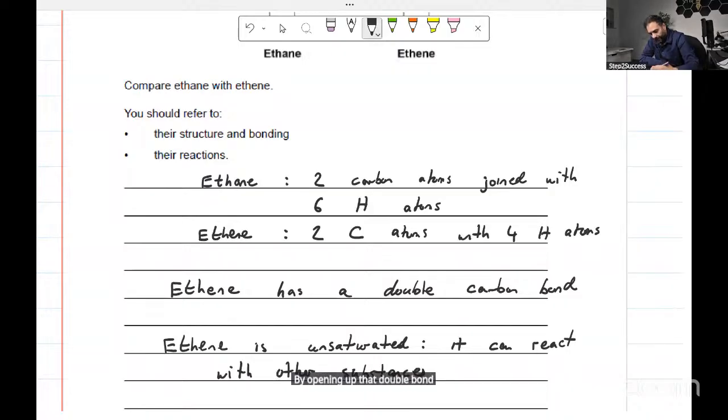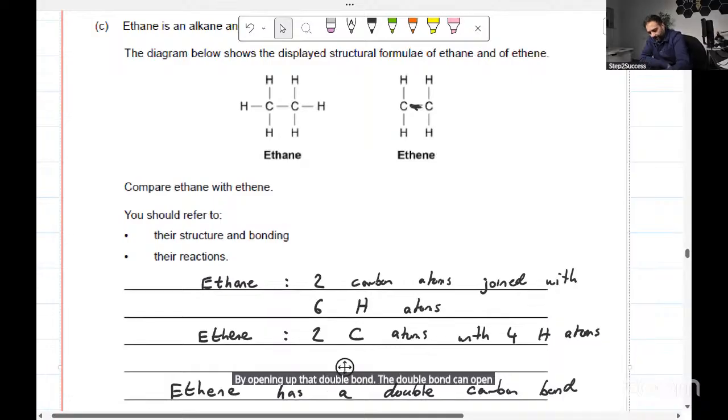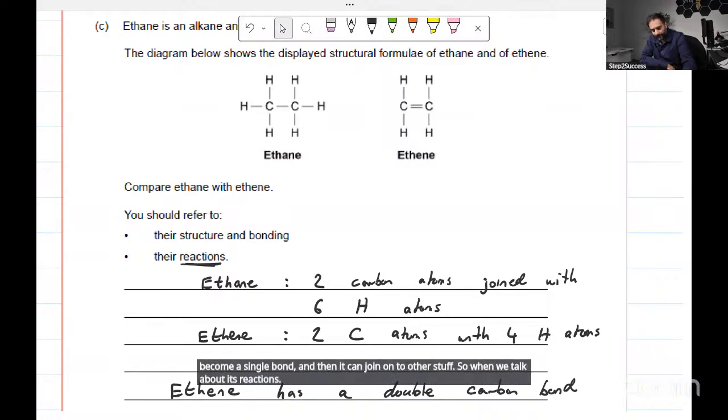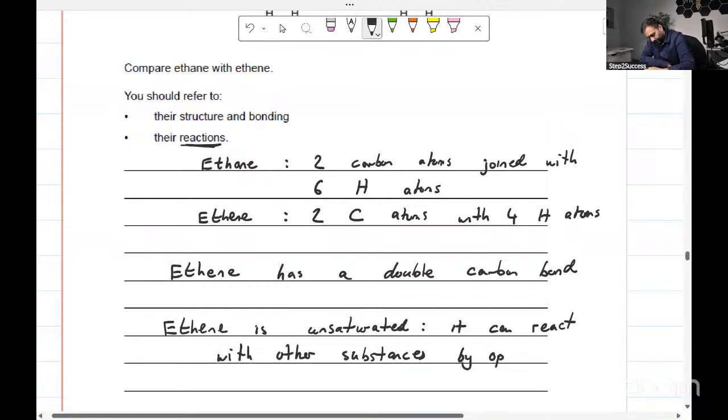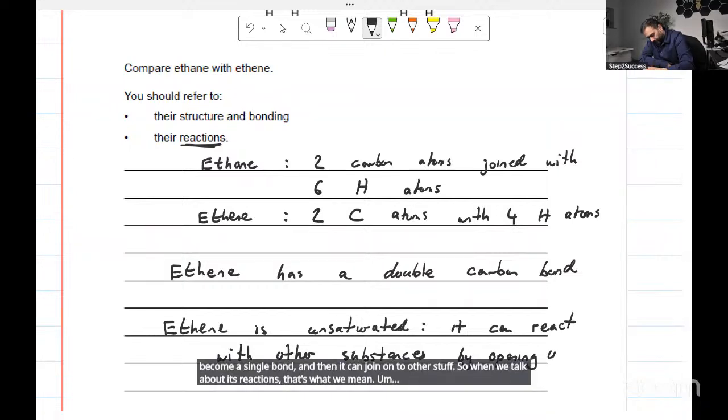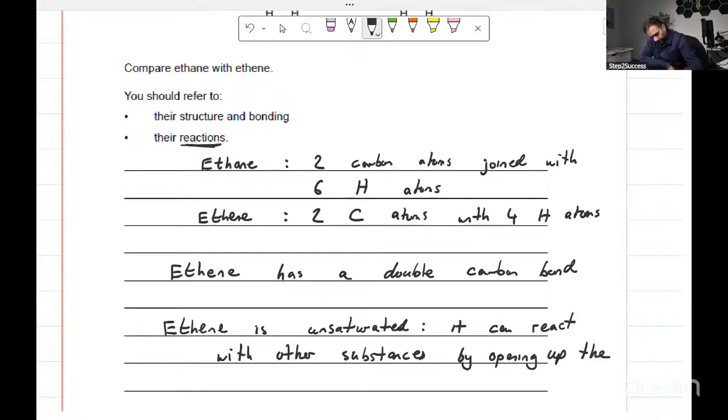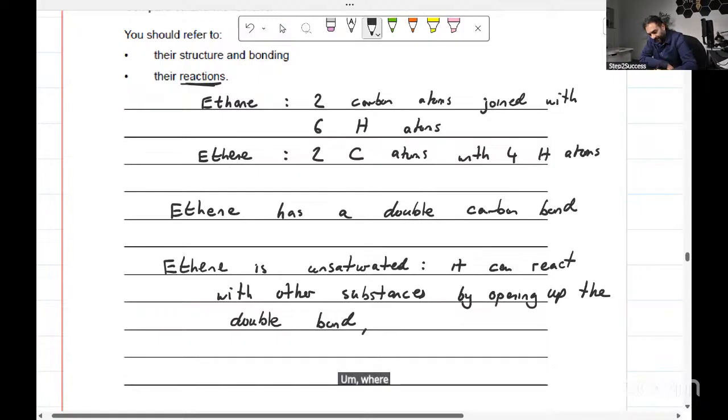The double bond can open, become a single bond, and then it can join on to other stuff. So when we talk about its reactions, that's what we mean, whereas ethane can't.